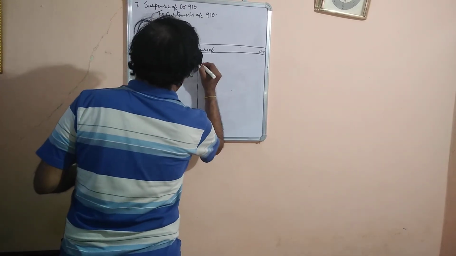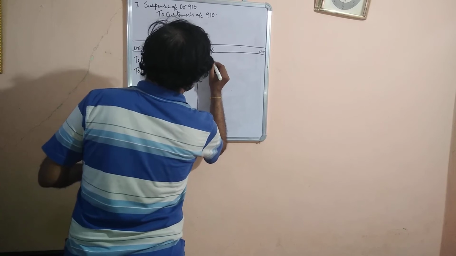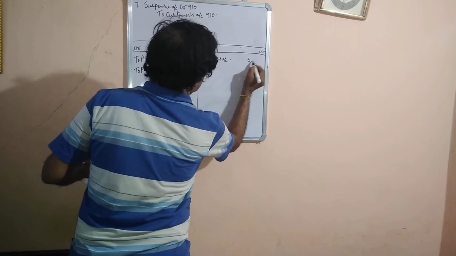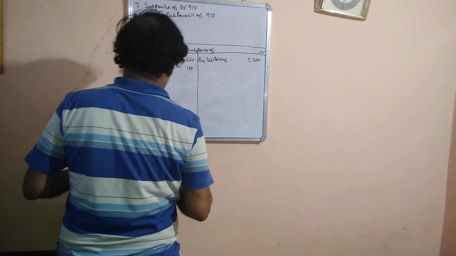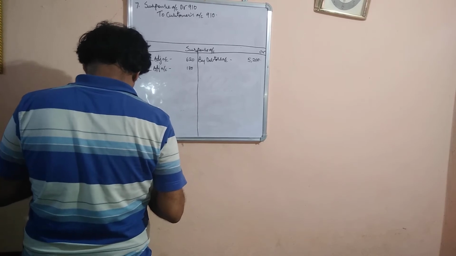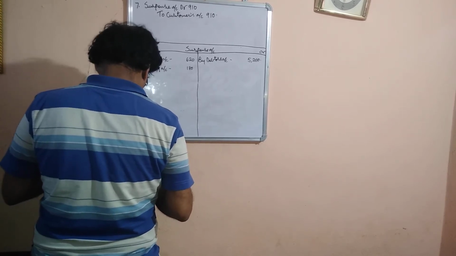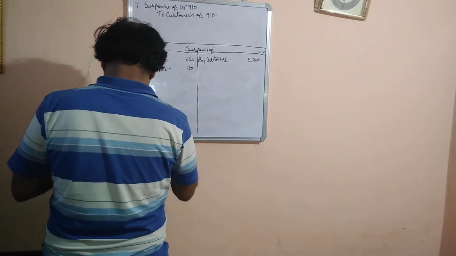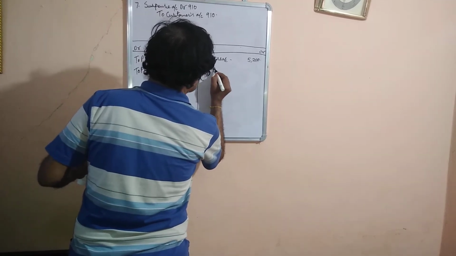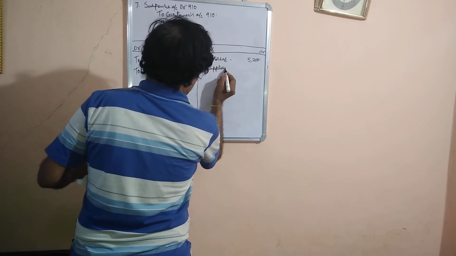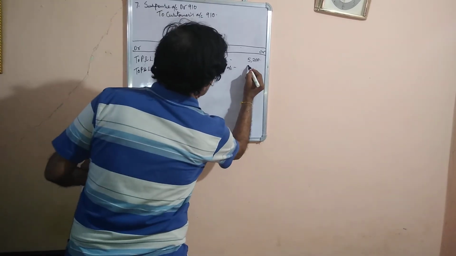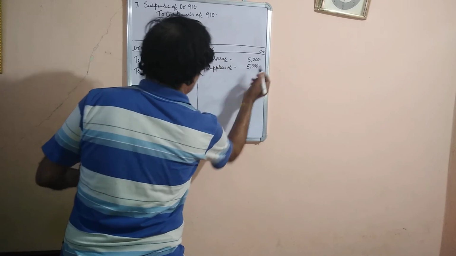By debtors account, 5,200. Next, the sixth one, suppliers account debit to suspense account, 5,000 rupees. By suppliers account, 5,000.